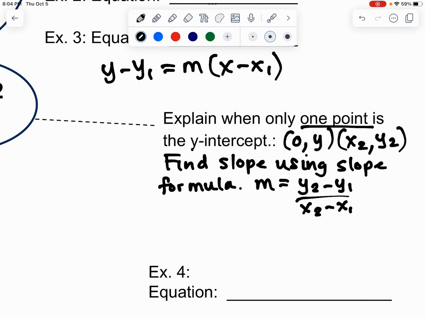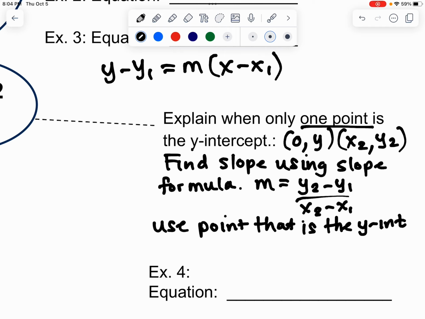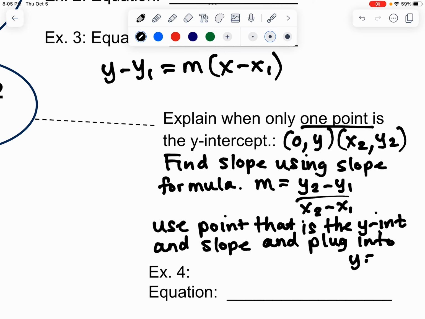Once you find your slope, you're going to use the y-intercept point and your slope and plug it into y equals mx plus b.